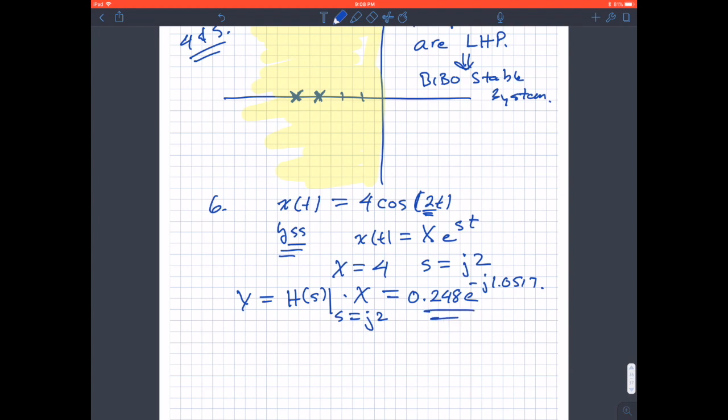So that tells me a lot. It tells me that the steady state solution for this system for x equals 4 cosine 2t is 0.248. I started with cosine, I stay with cosine. The frequency doesn't change, and I have a phase shift of minus 1.0517 radians.